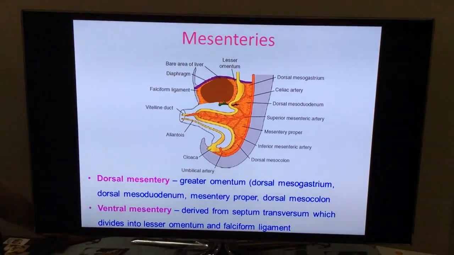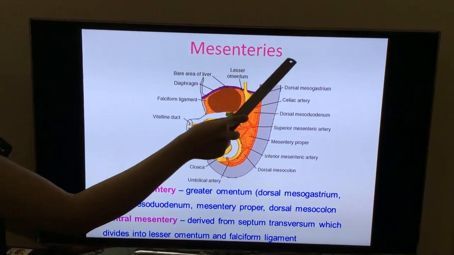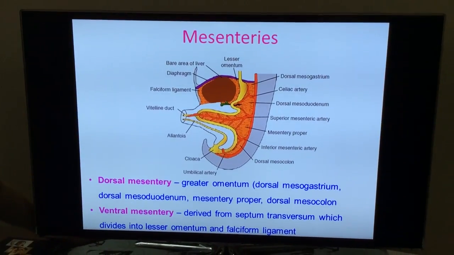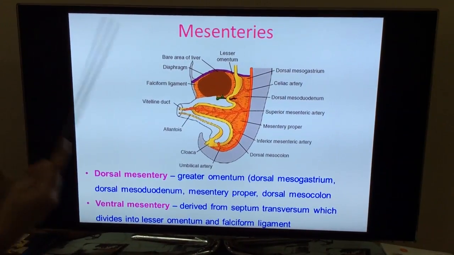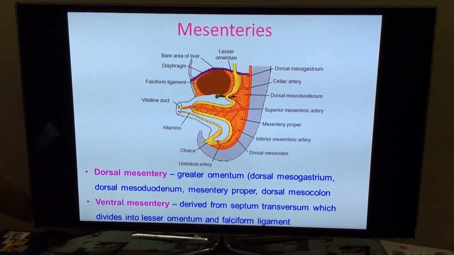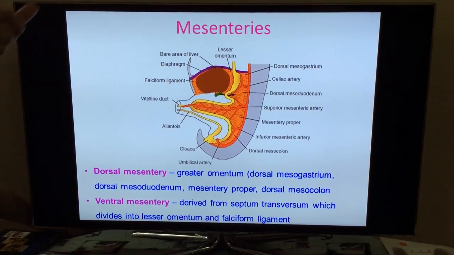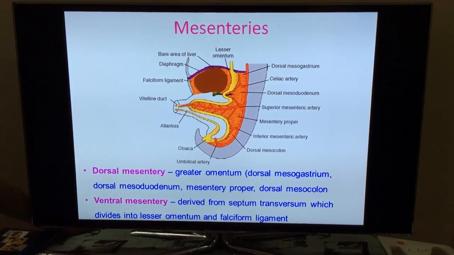They are suspended dorsally and ventrally by the mesodermal structure called mesenteries. The mesentery forms the peritoneum within the abdominal cavity. The peritoneum in different areas is given different names, which you will learn in gross anatomy.